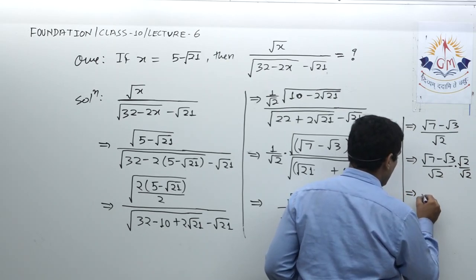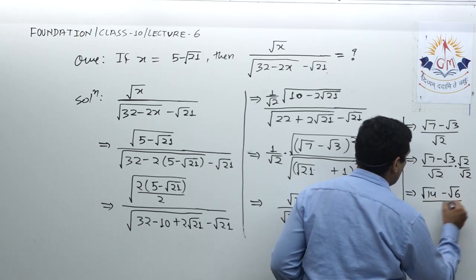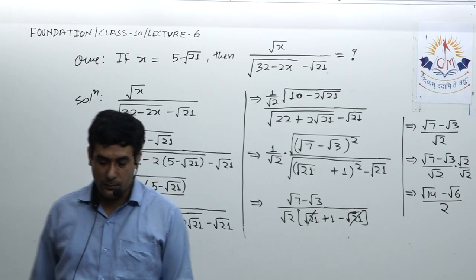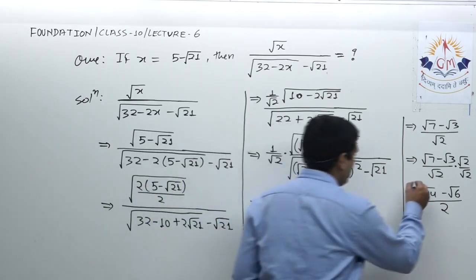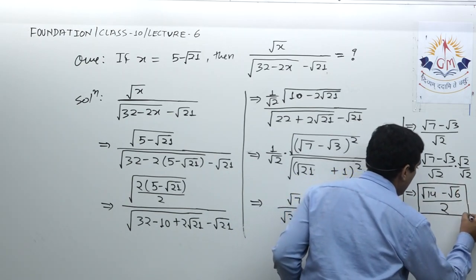So the final answer will be root 14 minus root 6 upon 2. This is my final answer. Please note it down, then we'll see the next question.